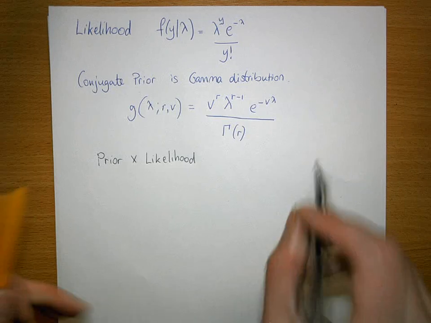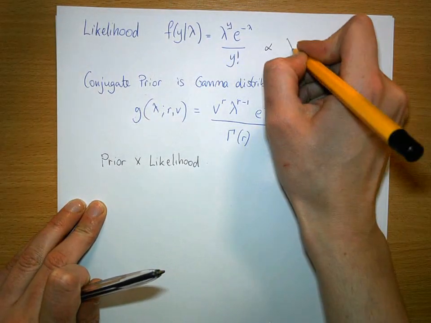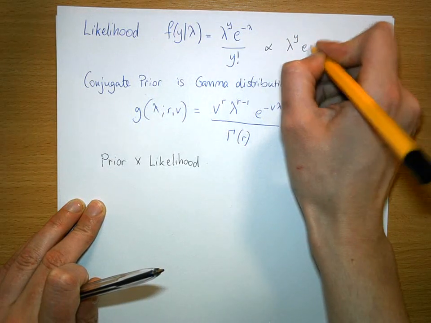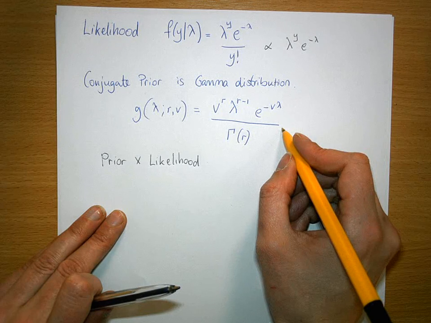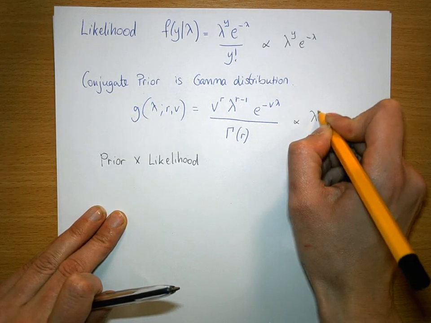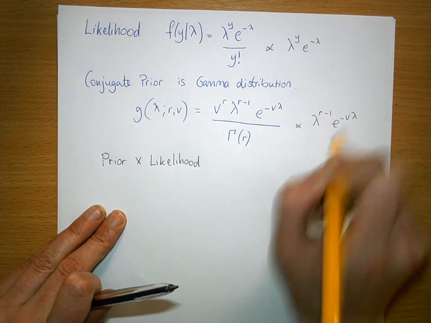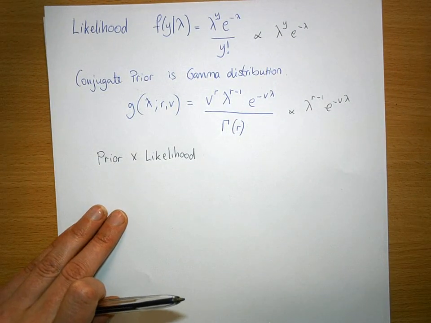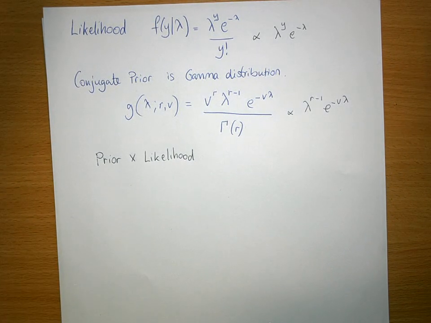So this up here is proportional to lambda to the y e to the minus lambda. Your prior here is proportional to lambda to the r minus 1 e to the minus v lambda. Everything else is constant with respect to lambda. That's your key bit.